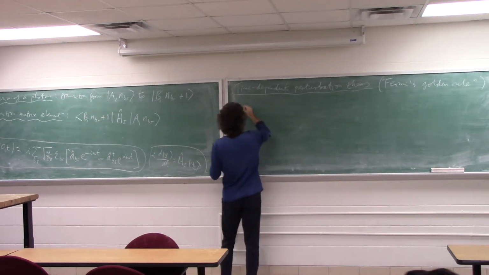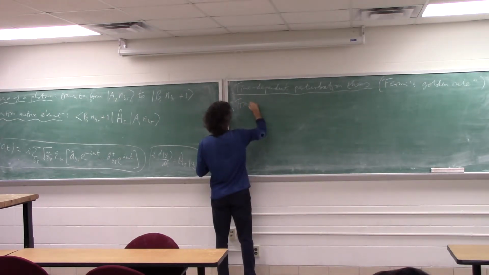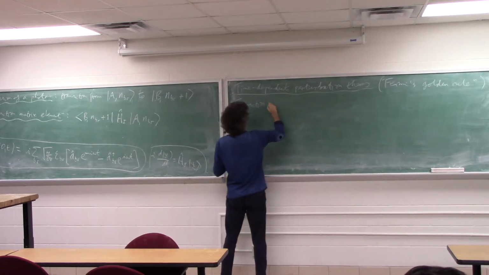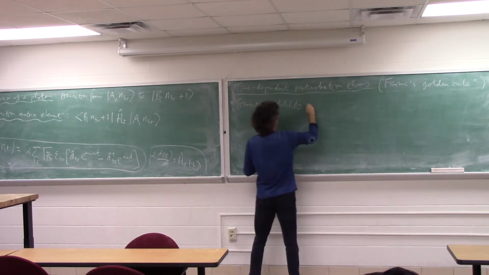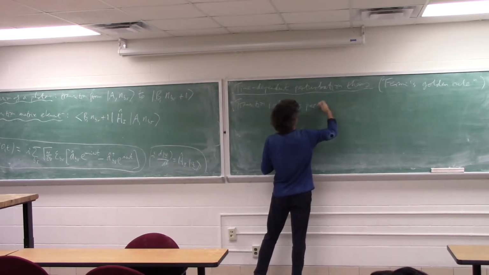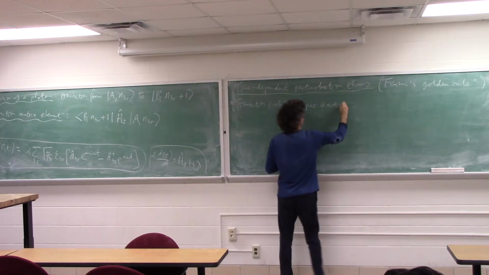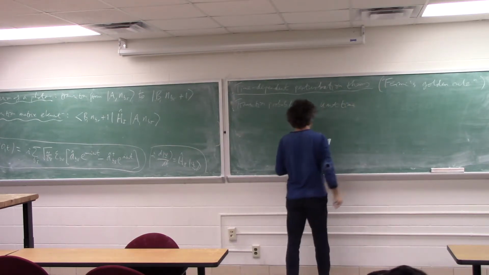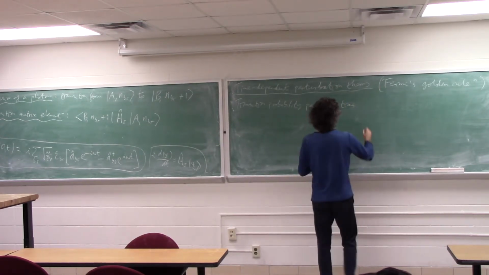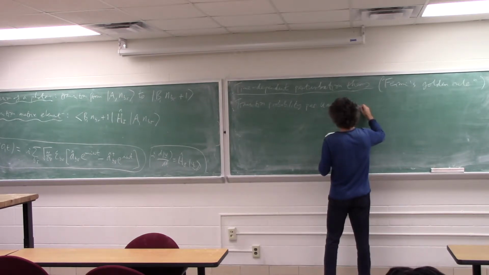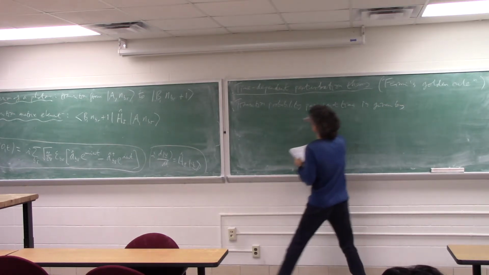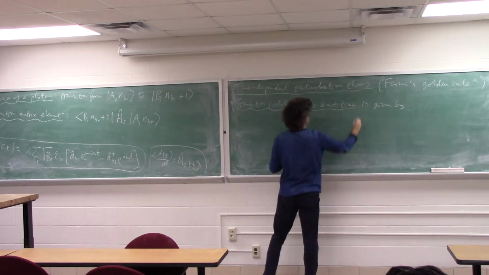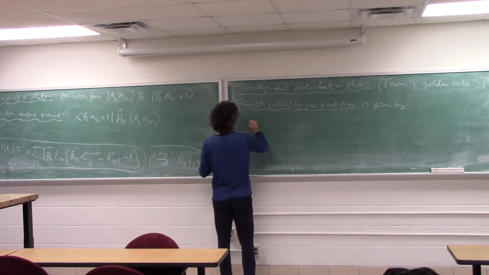It says that the transition probability per unit time is given by this formula.